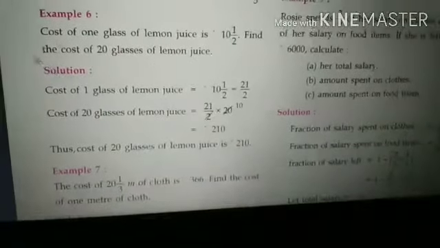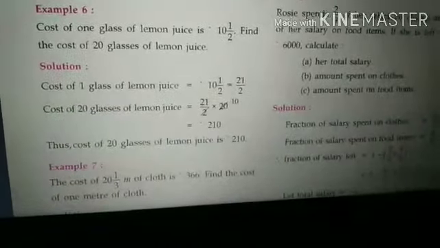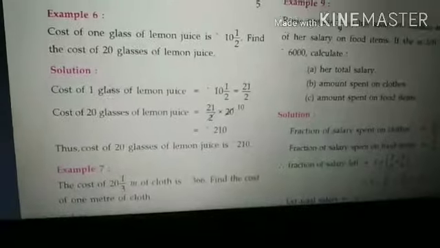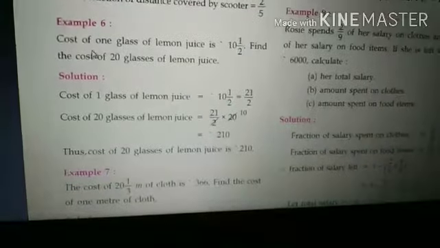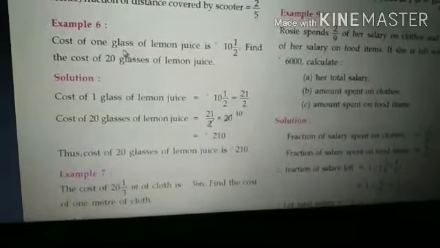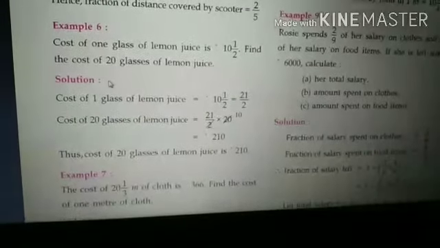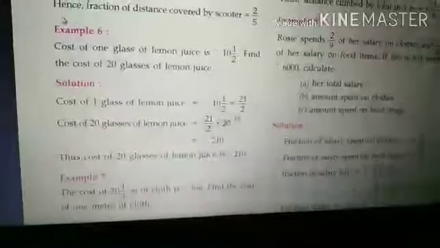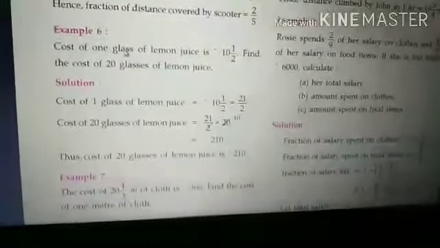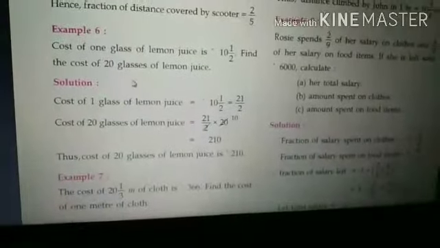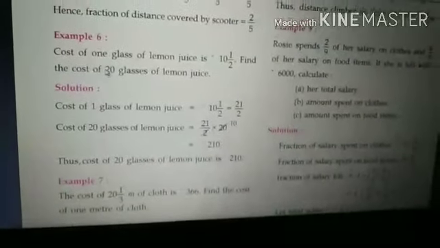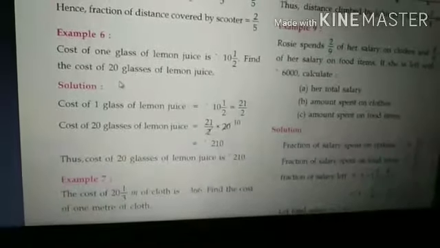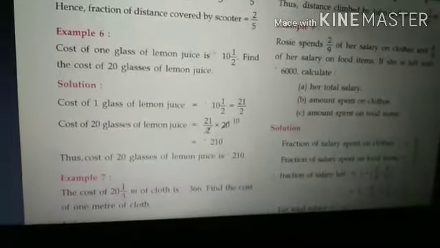Students, the cost of 1 glass of lemon juice is given, and we have to find out the cost of 20 glasses. So in this situation, if the cost of 1 glass is given and we have to find the cost of more than 1 glass, we have to do the multiplication of the given values.